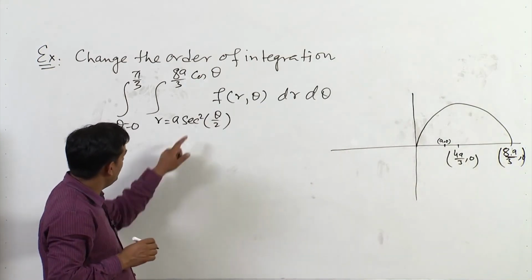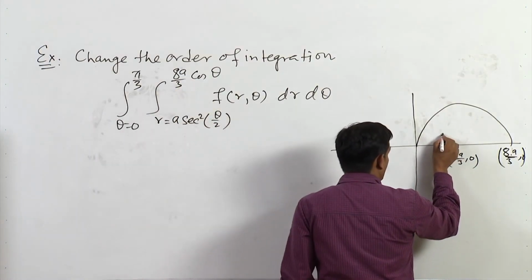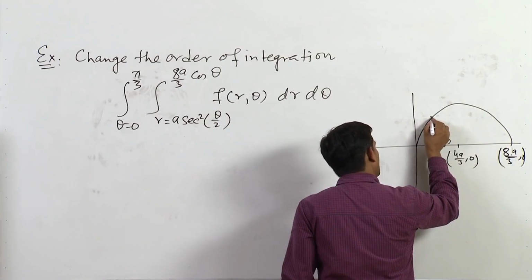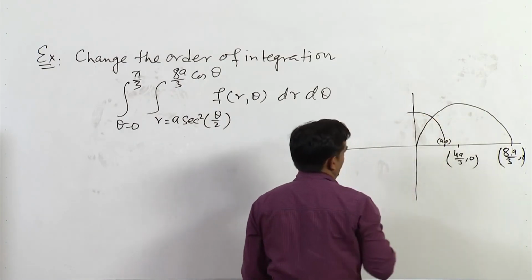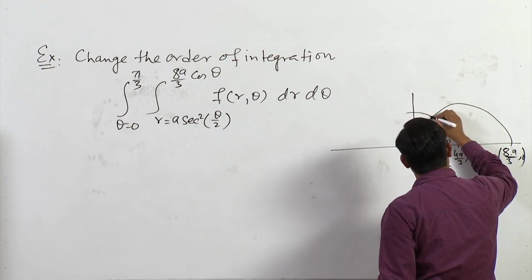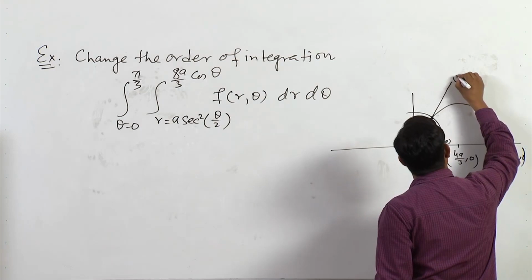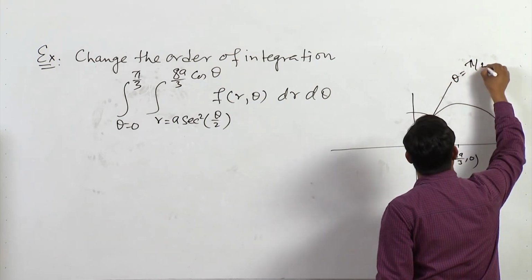And then it will intersect this circle at pi by 3. So, it will go like this and then we do not care after this, because as I told you it will intersect at pi by 3. So, this line is theta equals pi by 3.